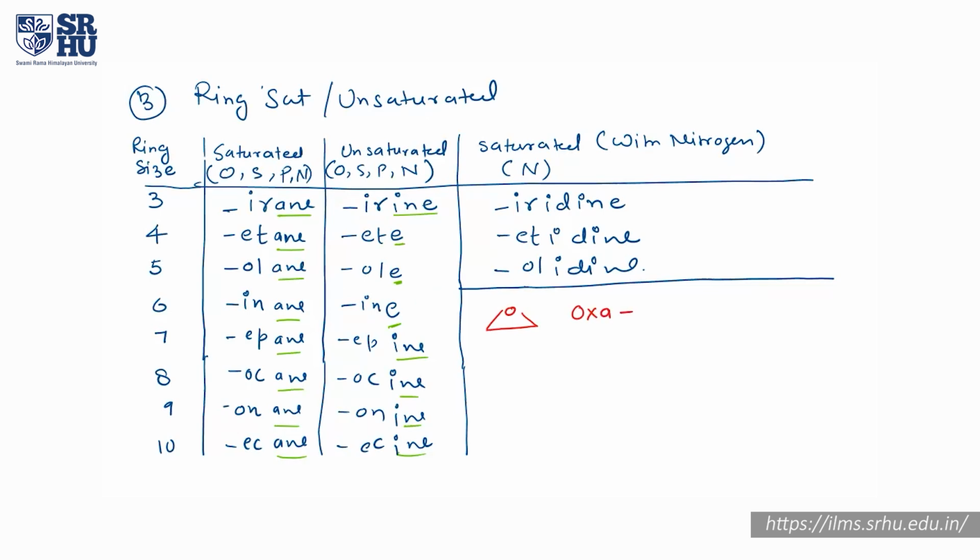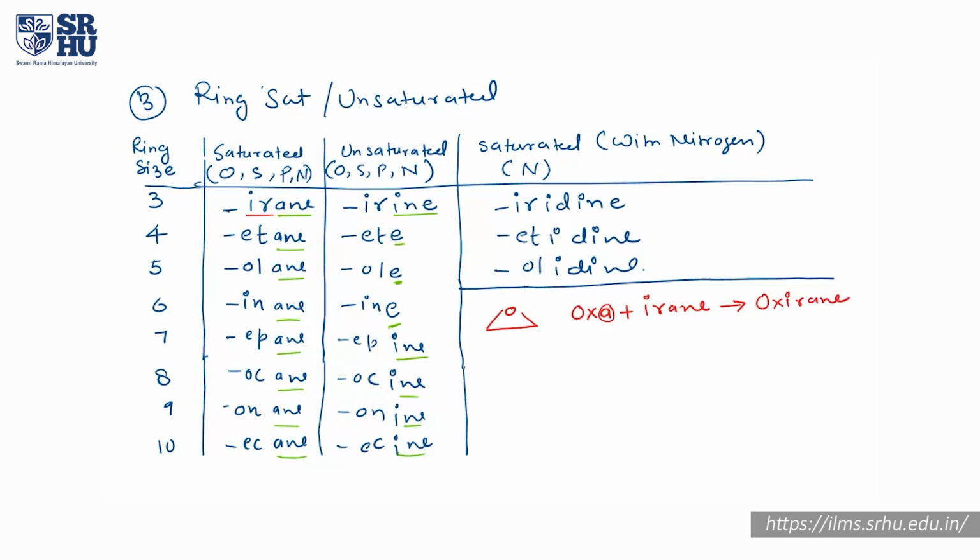So we'll use oxa. Then it is a saturated oxygen 3-membered ring, so we have to use the word irane. When you write the name, the A becomes silent, and we get the word oxirane.